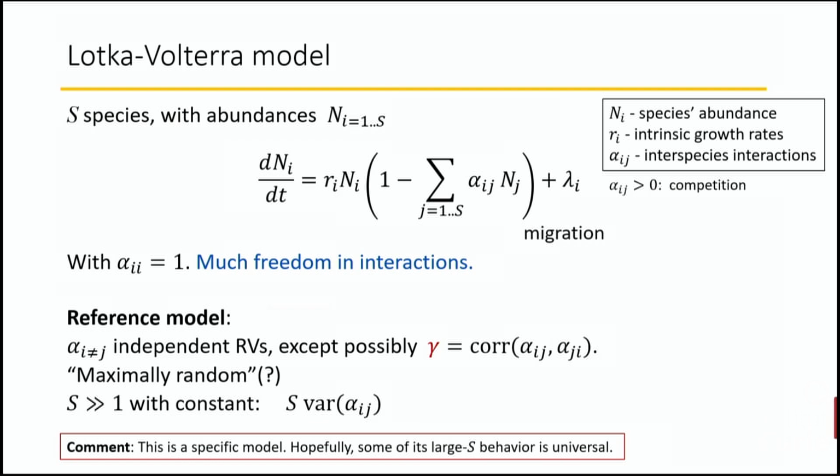I'll keep emphasizing and stressing the same things. This is a very specific model. I said, okay, let's for simplicity do this, let's for simplicity do that, and then I took the alphas in one way or another. This is definitely a specific model. And generally, there's no reason for this model to be an exact description of any ecosystem, of any ecological community out there. Actually, I'll show you later that there is one example where it happens to work very well, and another example where I don't believe it works well.